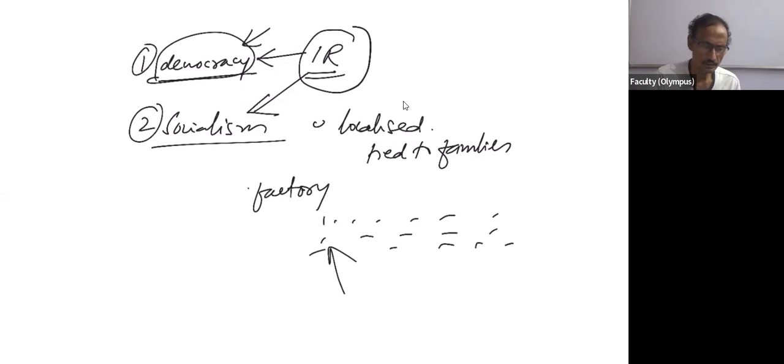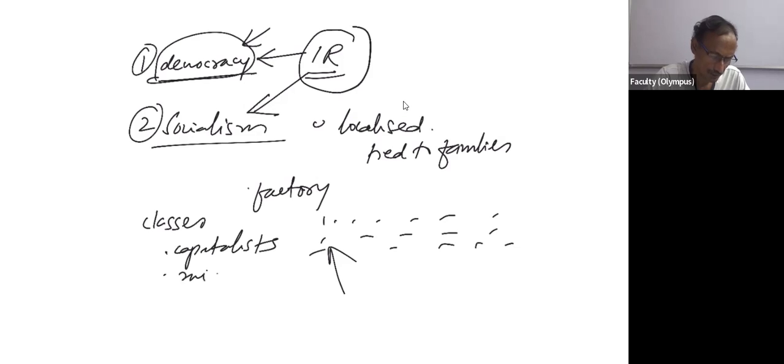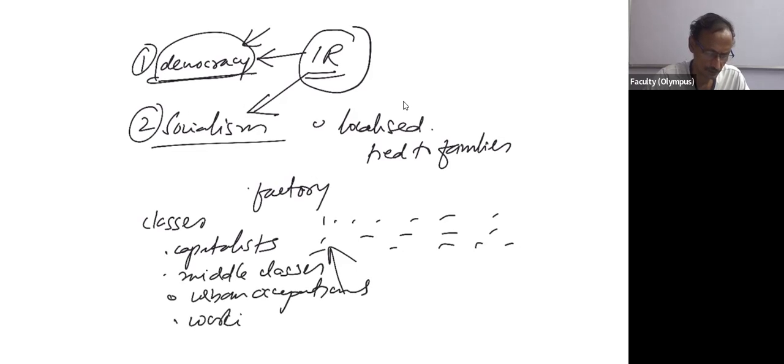And then Industrial Revolution gave rise to new classes of capitalists, middle classes, many urban occupations, working classes, and a lot of mobility.